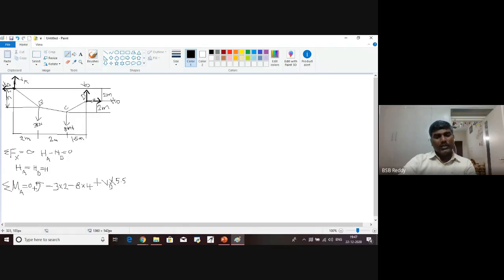Also HD is now H, which is also anti-clockwise, so plus H into the distance between A and D, 2 meters, equals 0.